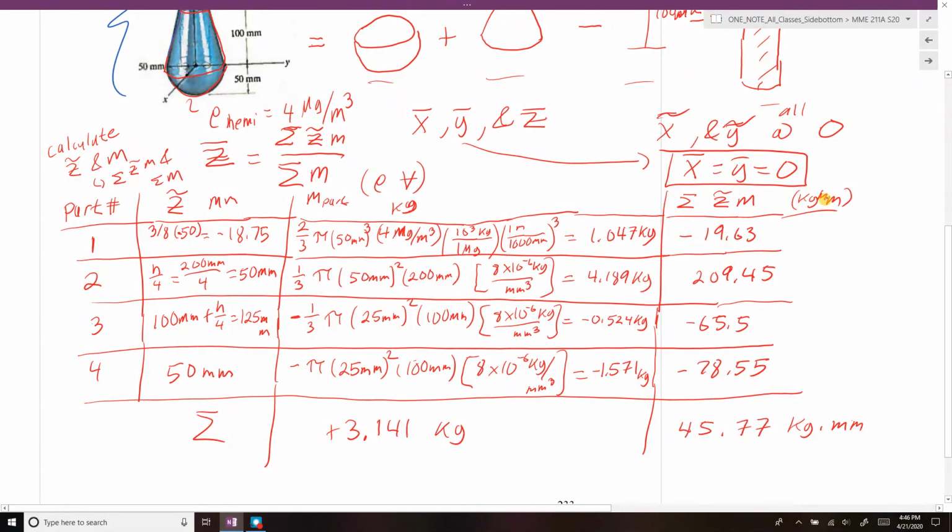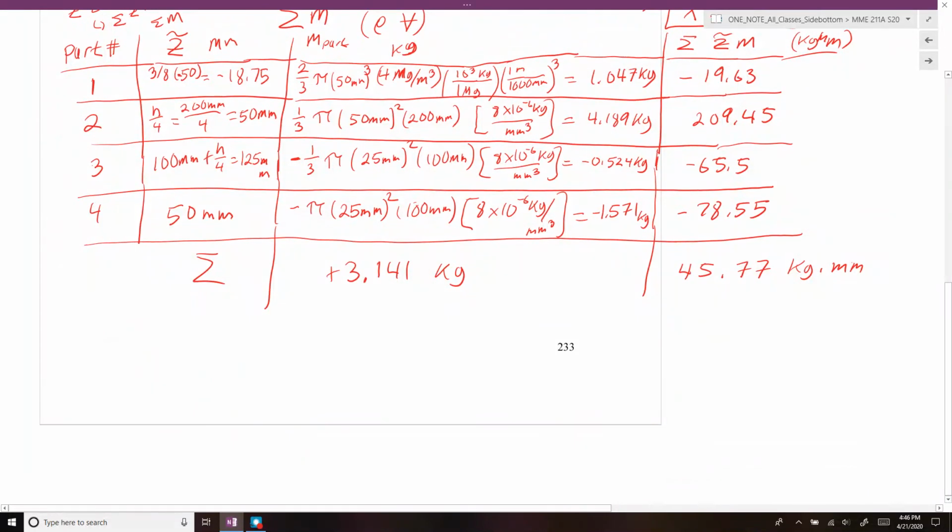So it should be kilograms per millimeter, sorry, not kilograms per meter. So then our z bar would be equal to 45.77 kilograms per millimeter divided by 3.141 kilograms. So we'd end up getting 14.6 millimeters for our z bar.